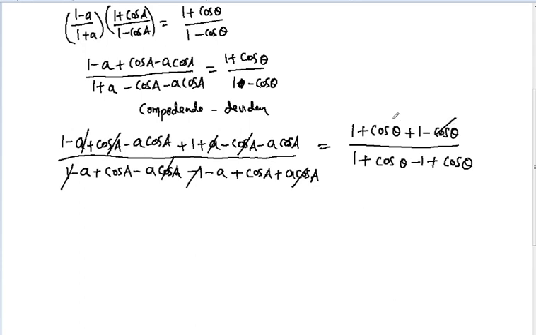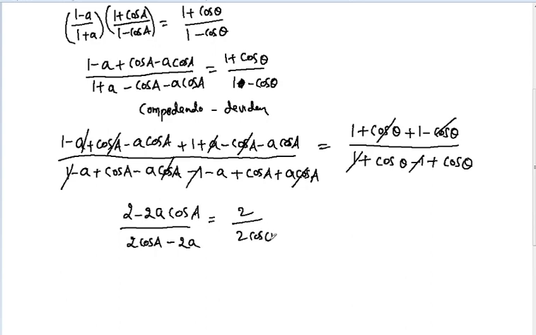From this, cos theta cancelled, minus 1 plus 1 cancelled. That is, here is 1 plus 1, that is 2, minus 2a cos a by cos a plus cos a, that is 2 cos a minus 2a, is equal to 1 plus 1, 2 by 2 cos theta. Both sides, here 2 is common and cancels.